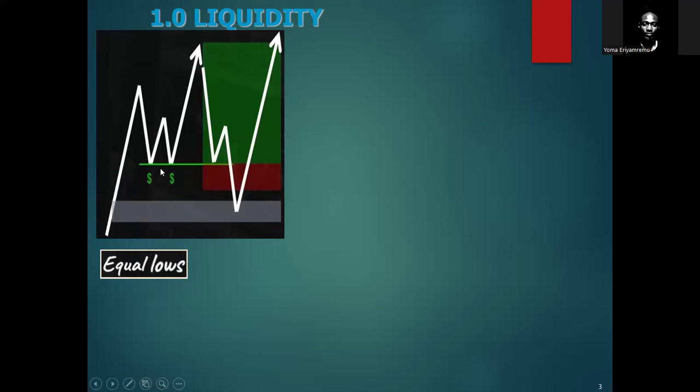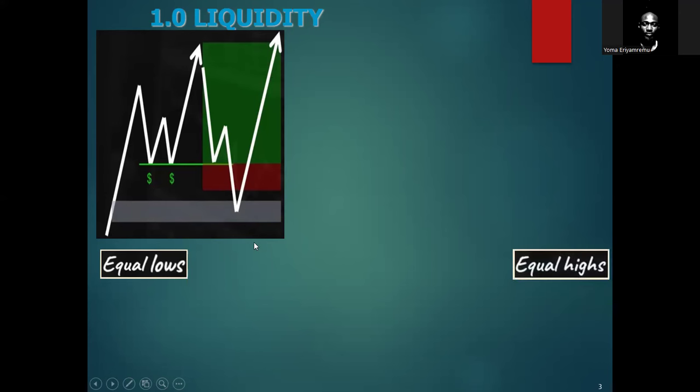This is where people put their stop loss and they are looking to buy. But what happens is that smart money comes to grab that liquidity, sweeps past it, then mitigates the next order block, and then uses it to buy eventually. So this is what we call equal low liquidity.